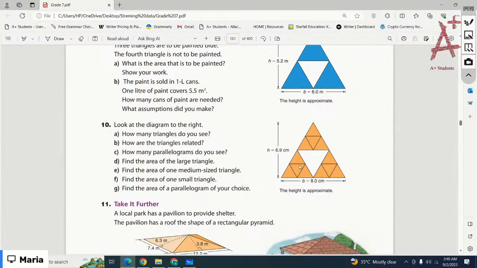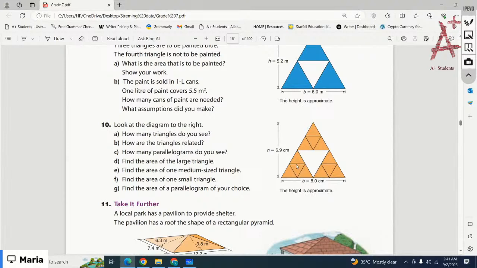Okay, two triangles make one parallelogram, right? So one, two, three, four, five, 6, 7, 8, 9, 10, 11. I think they are 11, right?